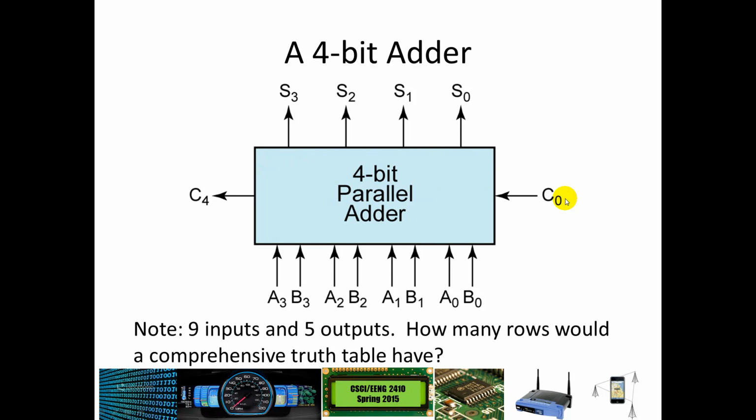So this requires 9 inputs, 4 each for A and B, and then 1 for the carry in. And it requires 5 outputs, the summation bits for 4, and then also the overall carry out, if there's a carry out from that sum.